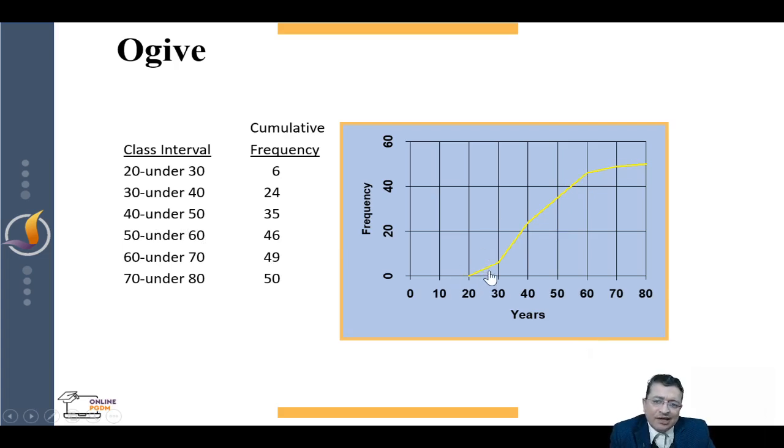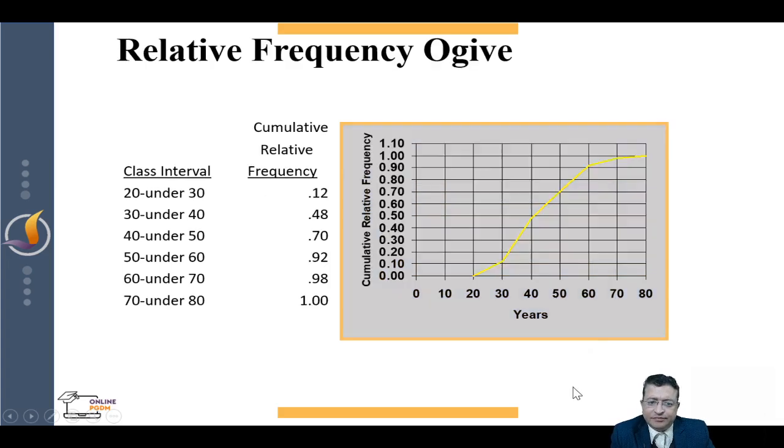So this is a graph of actually running total, so that is known as ogive. Similarly, relative frequency ogive can be constructed.